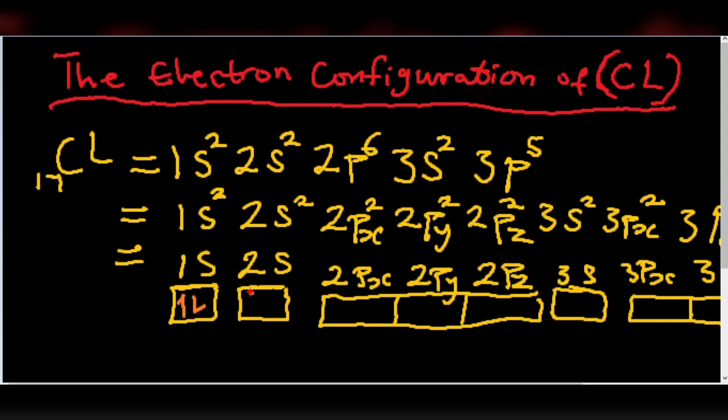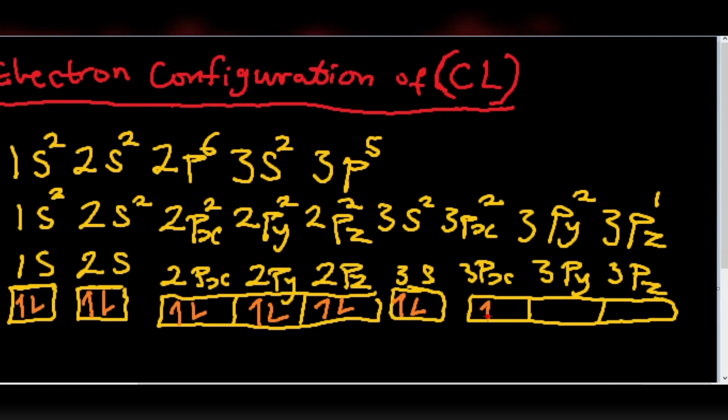Okay, so here 1, 2, 1, 1. They are degenerate, so parallel first before pairing begins in the opposite direction. 1, 1, 1. So it's fully filled. Up, down. Okay, all right. Okay, 1, 1, 1.